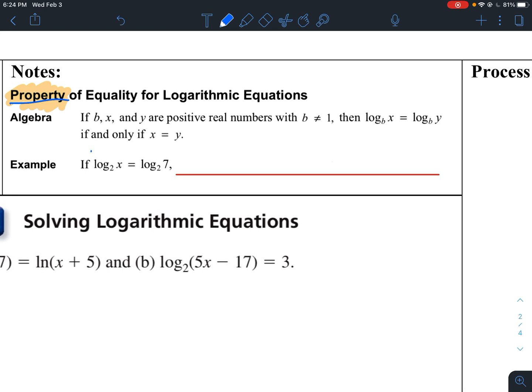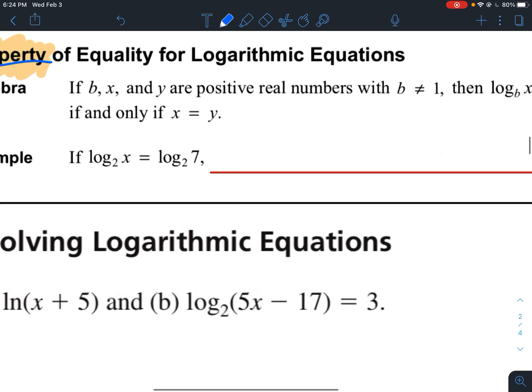If we have log base 2 of x and log base 2 of 7, a logarithm with the same base, then the only way for these two statements to be equal is if the arguments are equal to each other.